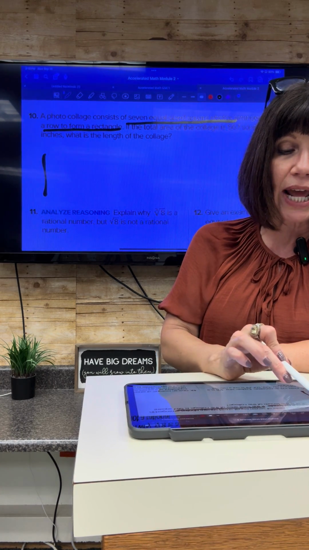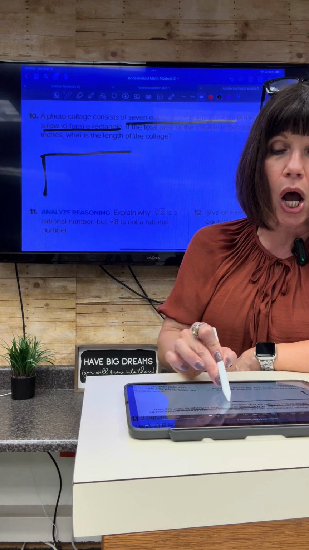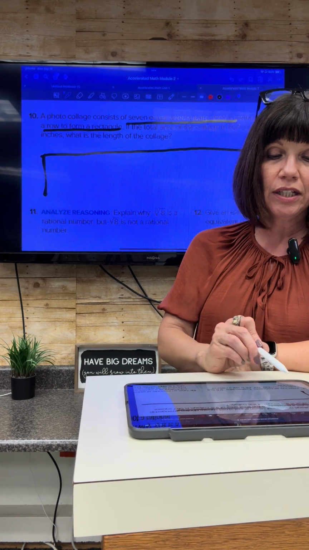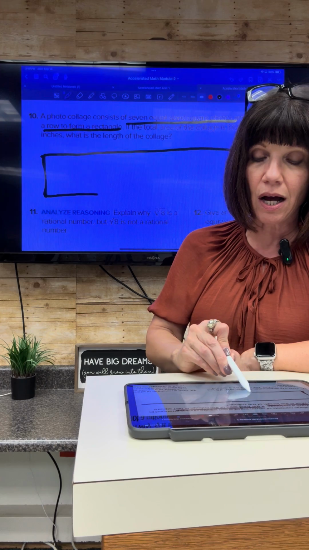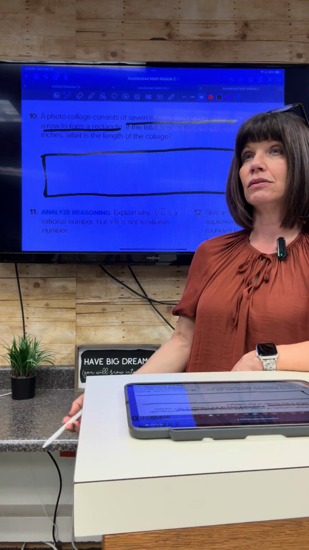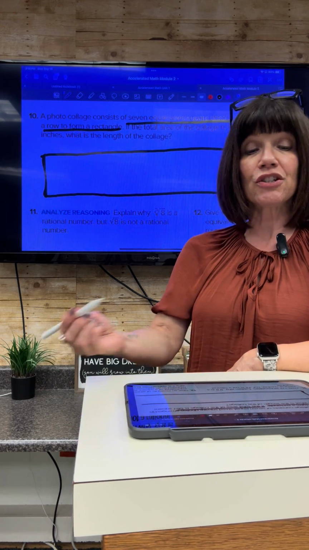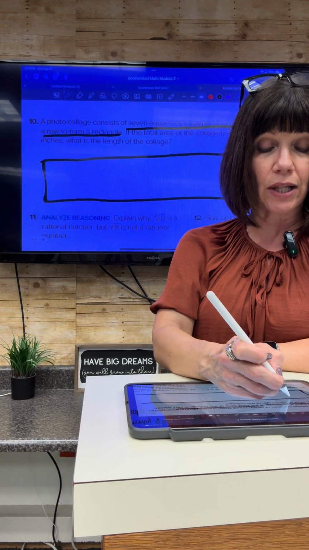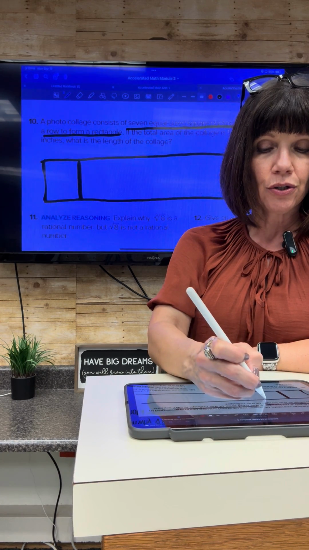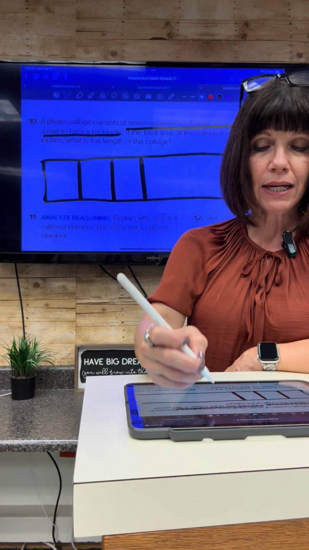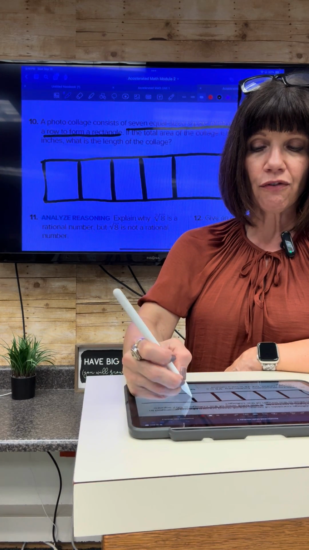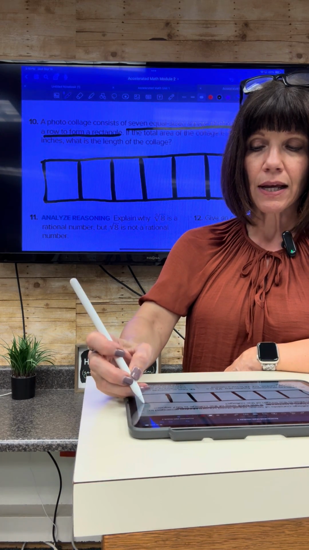All right, start a long rectangle. Begin making squares within your rectangle and count. 1, 2, 3, 4, 5, 6, 7.